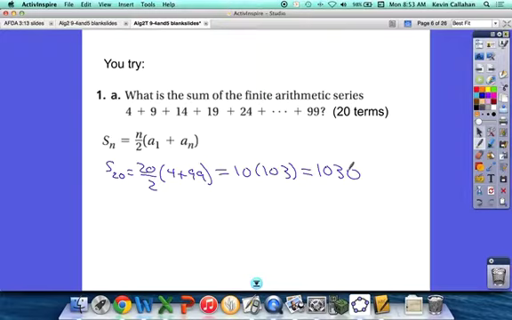And the truth is, the problem in the book, they didn't actually tell you how many terms it was. All they told you was the sequence right there. So how were you supposed to figure out how many terms there were so you could plug it into the formula? You would have to do this.